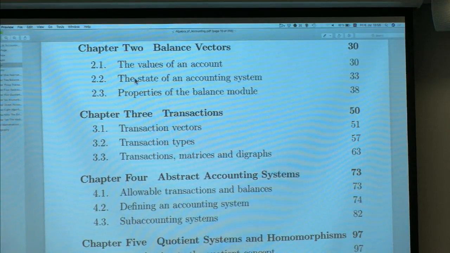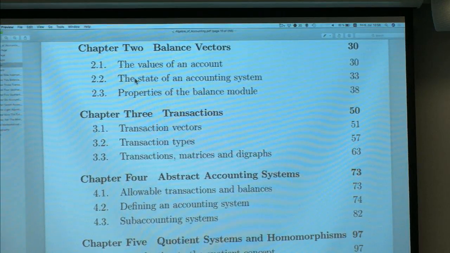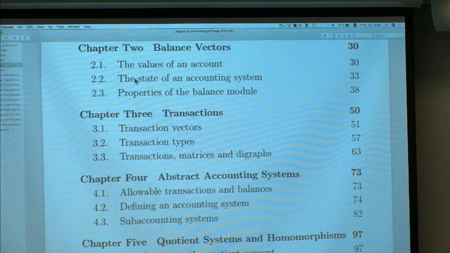And so the first question is, what are the values which we want to use in an accounting system? I think some of the authors are mathematicians, and maybe some of them are economists. I don't even know. But they start with some traditional mathematics. They think about what properties values need so that we can use them for accounting.